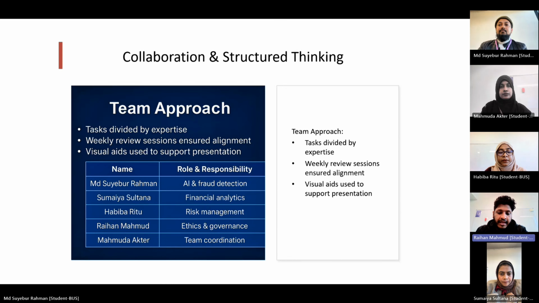Suyebur handled the AI research, Sumaiya covered financial analytics, Habiba focused on risk, and I, Raihan, covered ethics, and Mahmuda coordinated the team. We had weekly review sessions to align our findings, ensuring the technical and ethical parts of our presentation supported each other. Mahmuda will now conclude with our challenges and key learning.